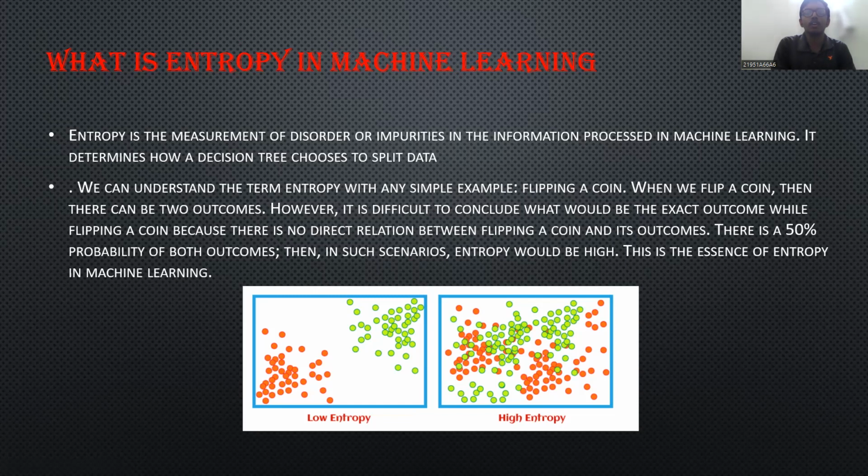When we flip a coin, there can be two outcomes. However, it is difficult to conclude what the exact outcome would be, as there is no direct relation between flipping a coin and its outcomes.